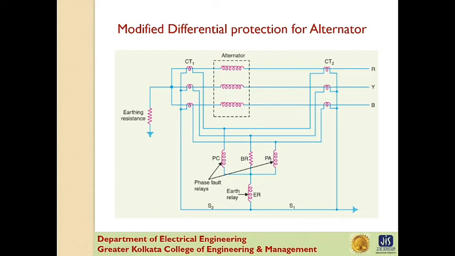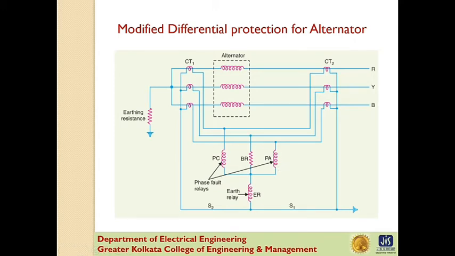Now, under normal operating condition, the currents at the two ends of each stator winding are the same. Therefore, there is a balanced circulating current in the phase pilot wires and no current flows through the operating coils PC and PA. Consequently, the relays remain inoperative.